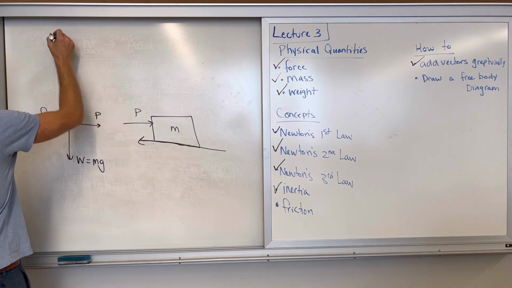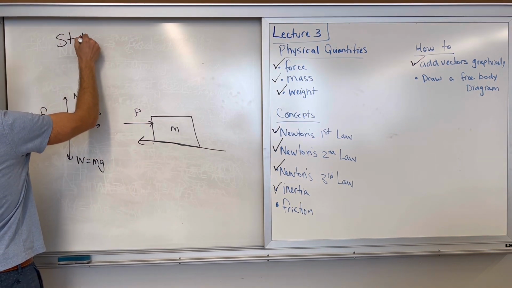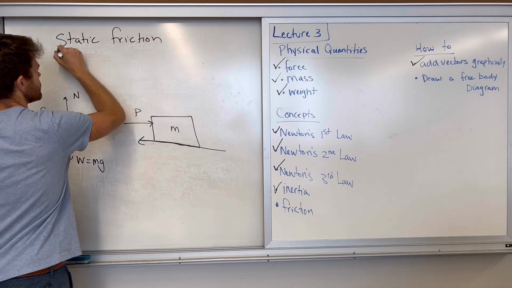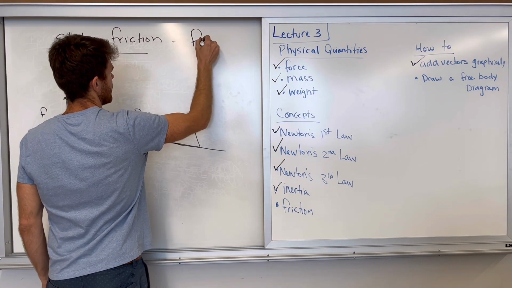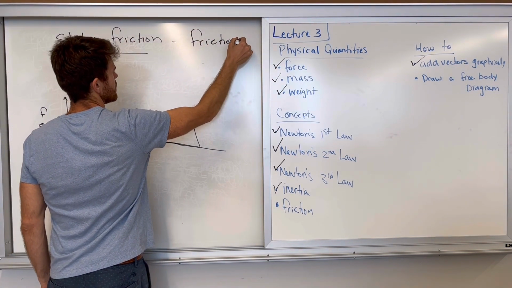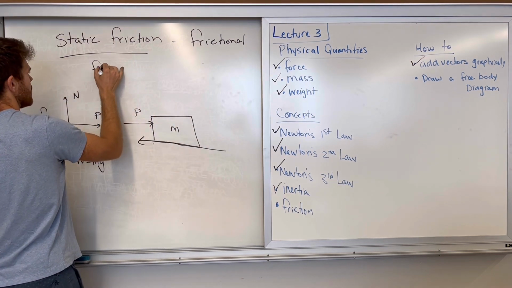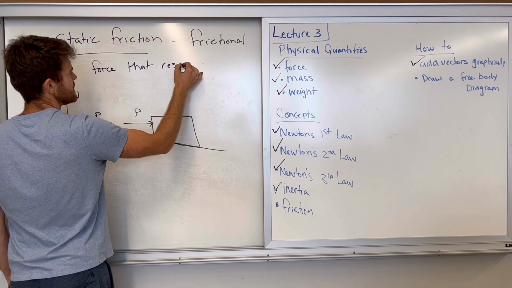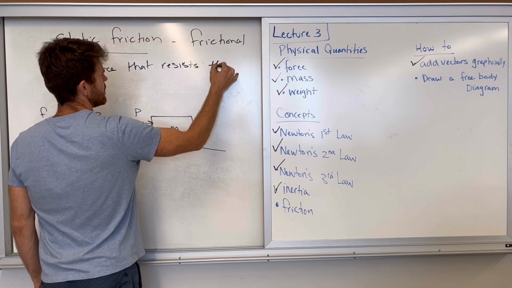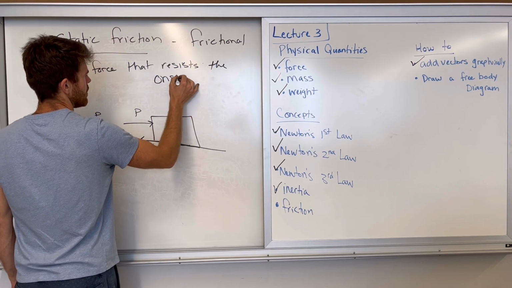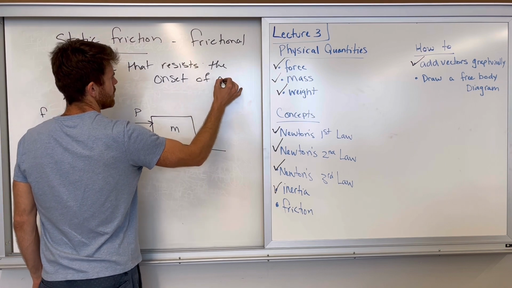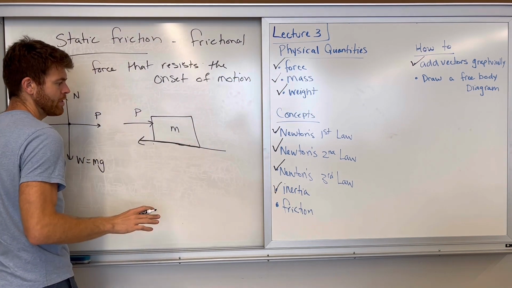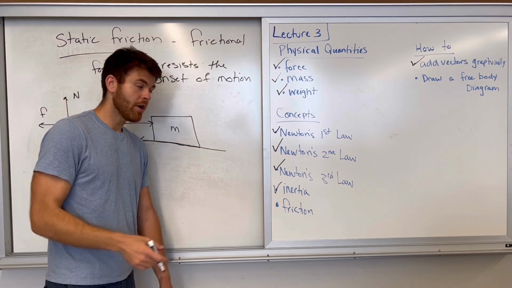There are two types of friction. Static friction is a frictional force that resists the onset of motion. So it only exists whenever the object is not moving, not sliding.